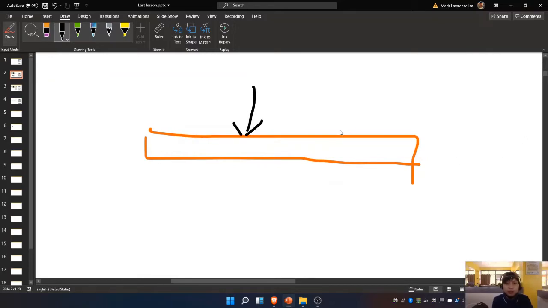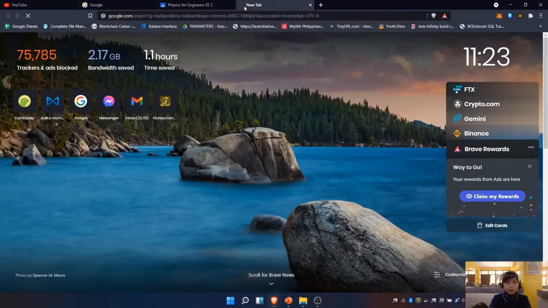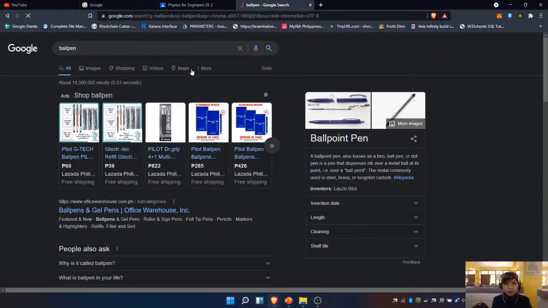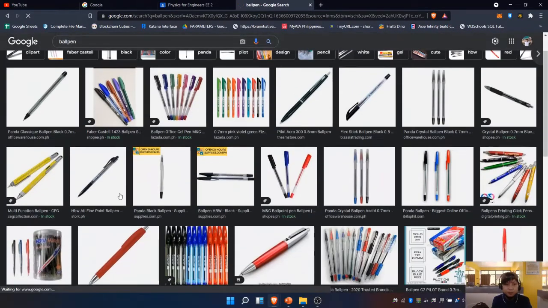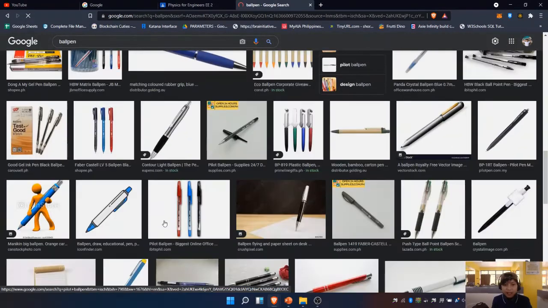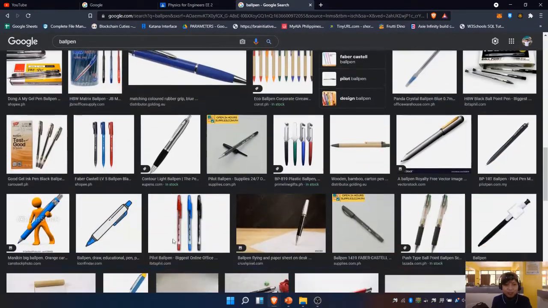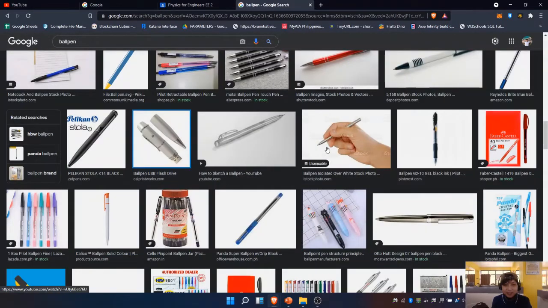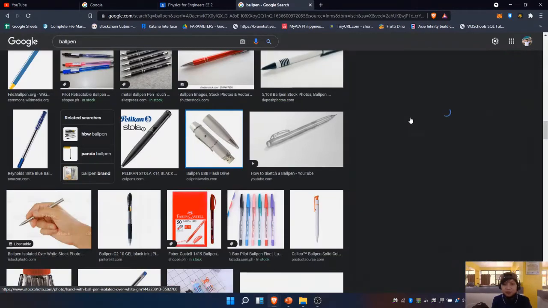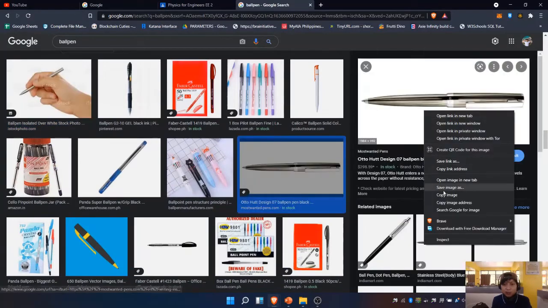yan ng ballpen, okay, hanap tayong picture ng ballpen. Ba't lagi naka-side view? Naka-side view itong mga ballpen na to. Okay, ito na lang. Copy ko.